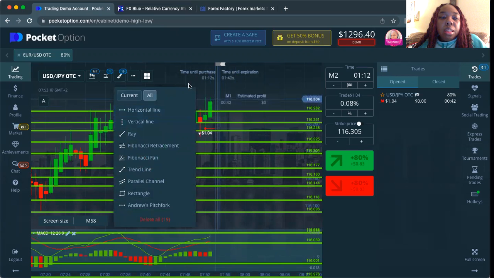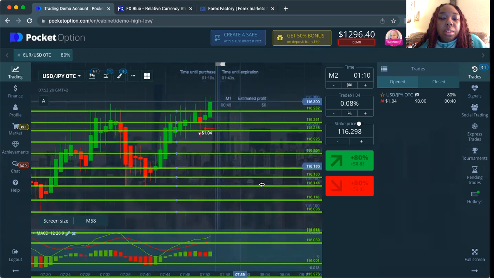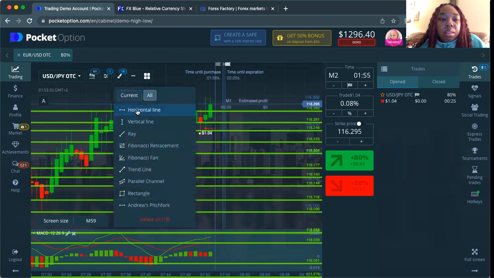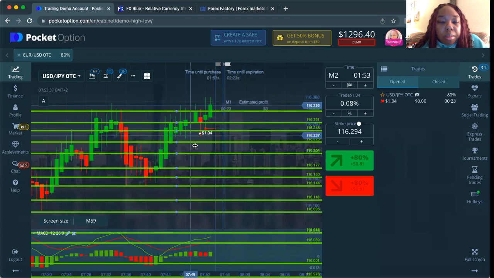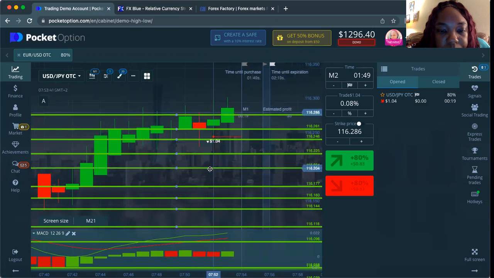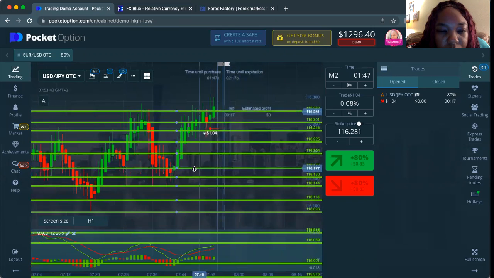So let's see here. Oh, what's that? I'm clicking, but I don't see another horizontal line. I thought I saw one here.